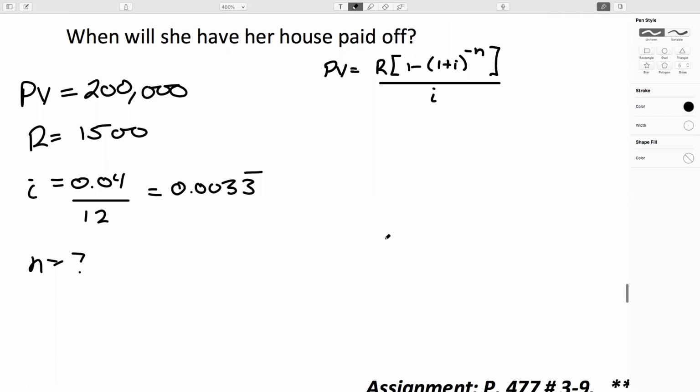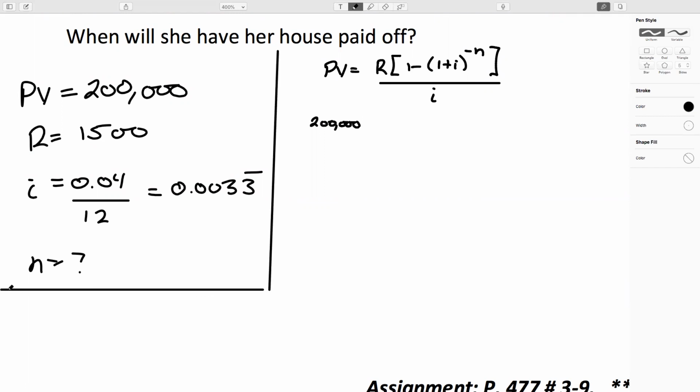Present value is 200,000. So 200,000 equals R, so 1,500, times 1 minus 1 plus 0.0033 repeating, to the negative N, all divided by 0.0033 repeating.